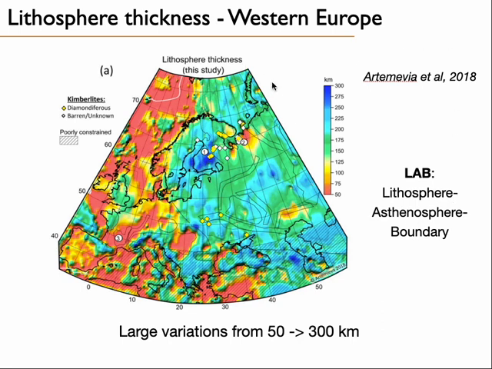So that's basically showing you the depth at which we have the transition between the lithosphere and the asthenosphere. And you see here a large variation on this map from about 50 kilometers, that's this pinkish color, to 300 kilometers. Again, you nicely highlight here the Baltic Shield, for example, but you can also see that in the Alps you have a thickened lithosphere-asthenosphere boundary.